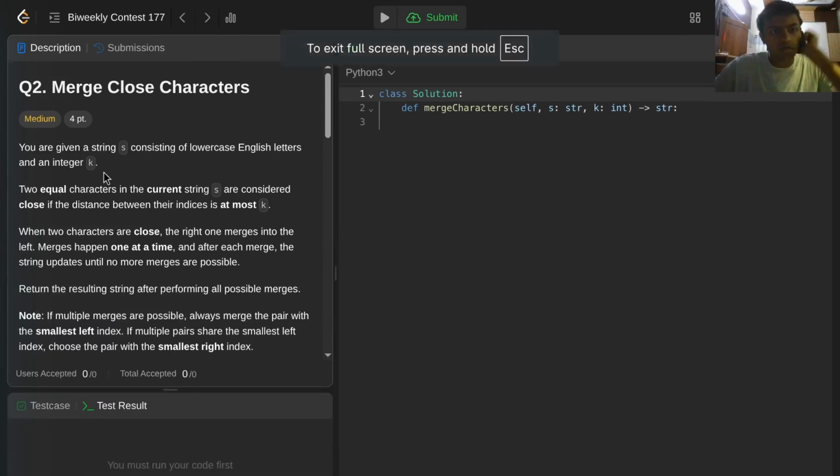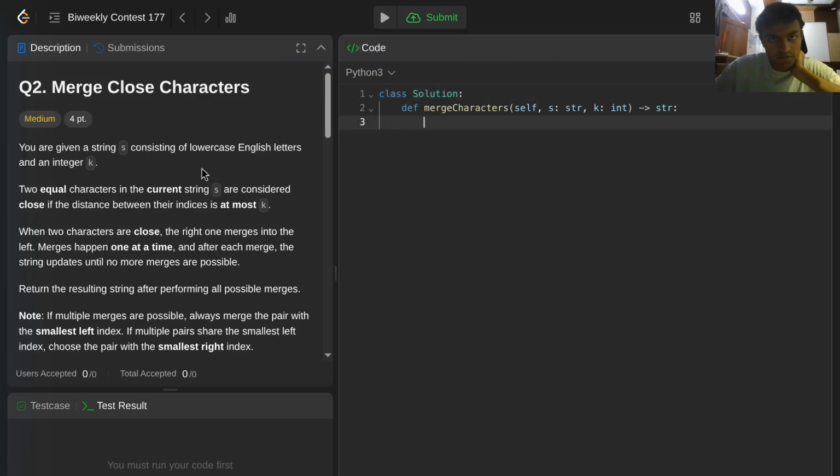Merge close characters. You're given a string s consisting of lowercase English letters and an integer k. Two equal characters in the current string s are considered to be close if the distance between their indices is at most k.